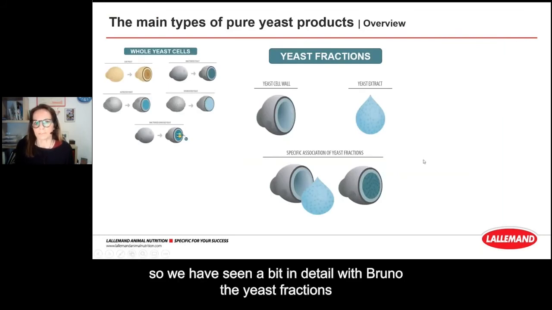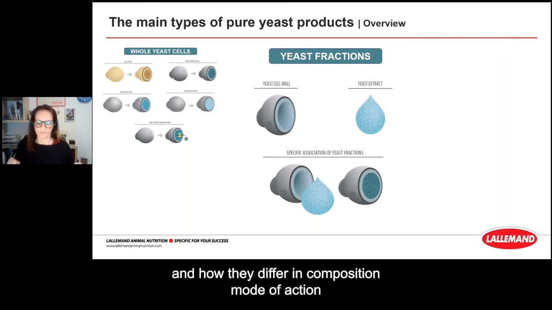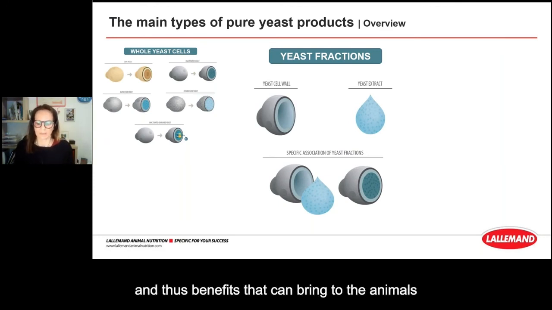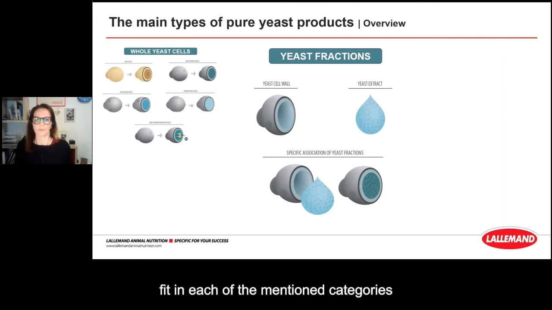So we have seen a bit in details with Bruno the yeast fractions, the different yeast cell wall components, how do they work, and how they differ in composition, mode of action, and thus benefits that can bring to the animals. But what I would like now to do with you is to show how Lallemand solution fits in each of the mentioned categories.